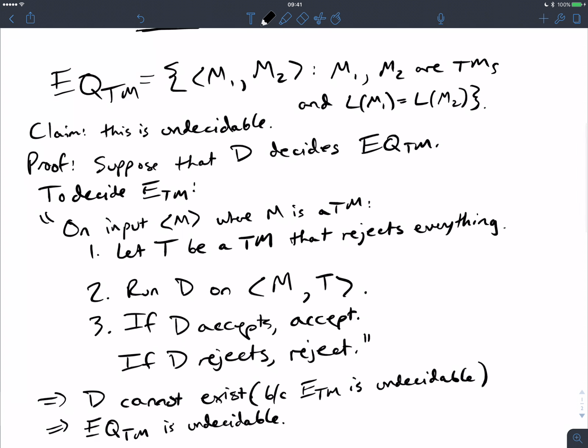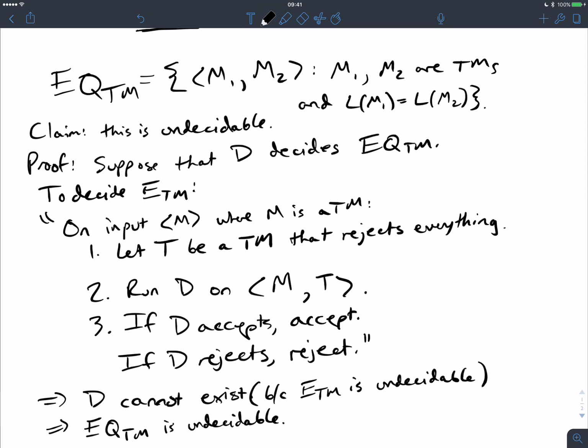here. The way we chose ETM was, well, the input Turing machine's language is either empty or not. So the two possibilities are the two possibilities we want the supposed decider for EQTM to be. And the only way that could happen is for the second machine to have empty language.